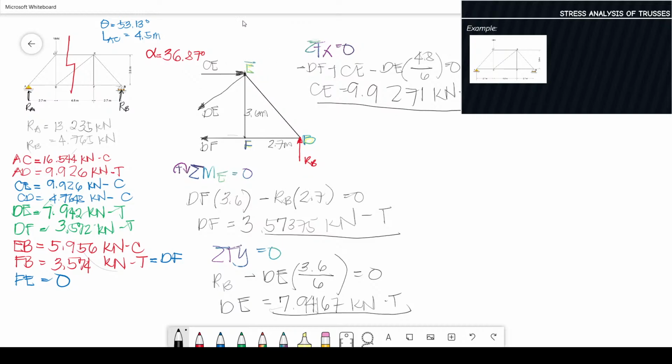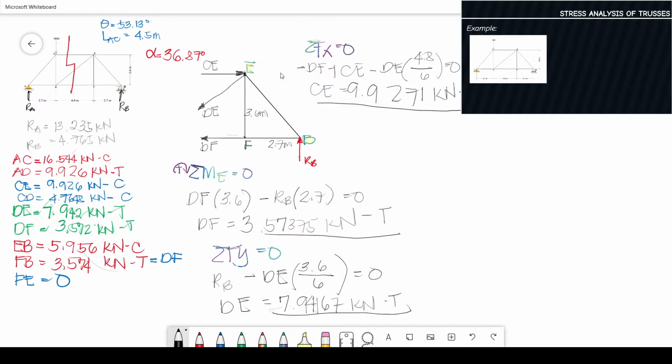Okay, so that is for analysis of truss. Actually, there are other methods like the method of moments and shears and the graphical method. However, the method of moments and shears is derived from a series of computations. If you analyze your truss every day, you can actually find a relationship between shear and moment.